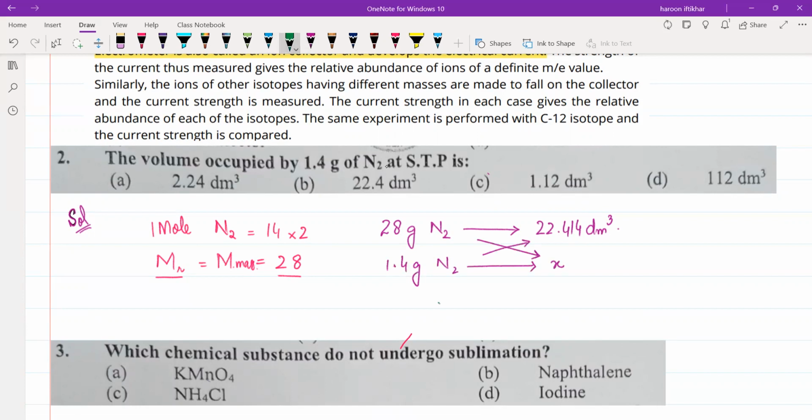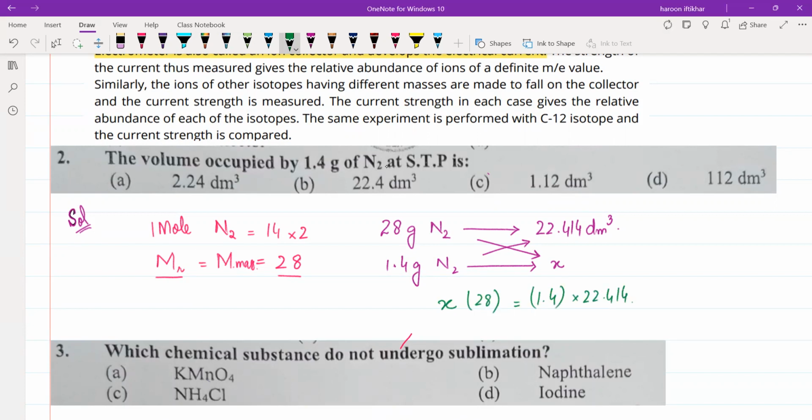So I can write it here as X is equal to, okay, let me solve this whole. X multiplied by 28 will be equal to 1.4 multiplied by 22.414.